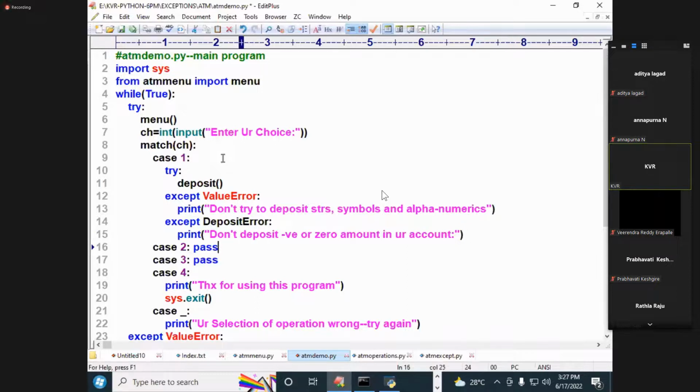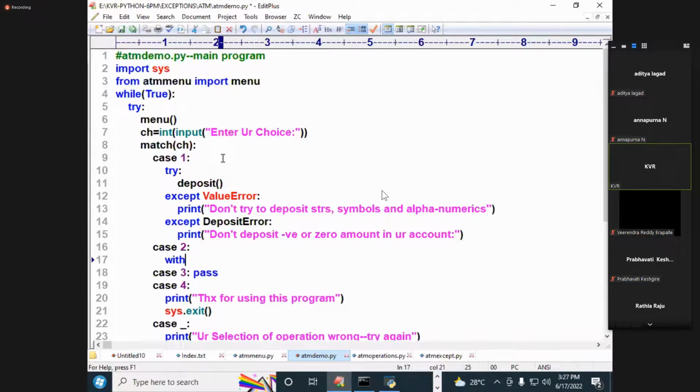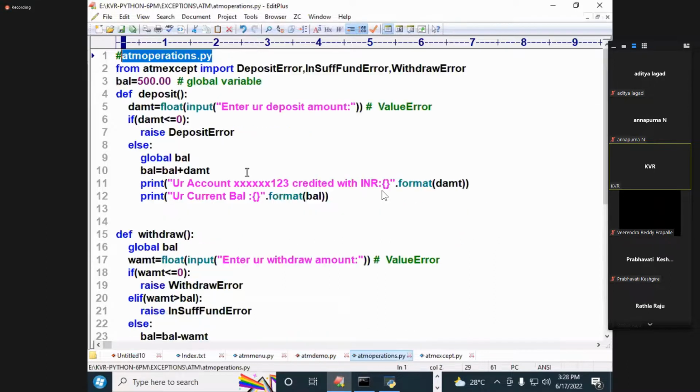Coming to next, withdraw. Deposit and the others are the functions in which module? ATM operations module. ATM operations is a module or not? Everything is there in it, so I need to import this.